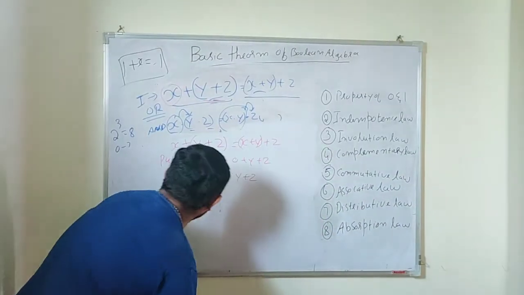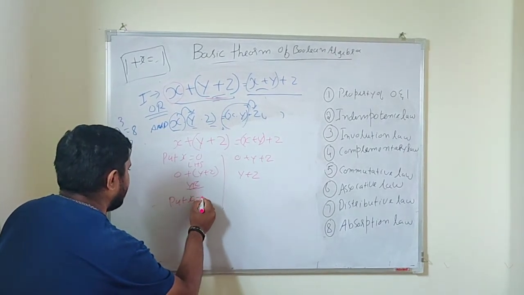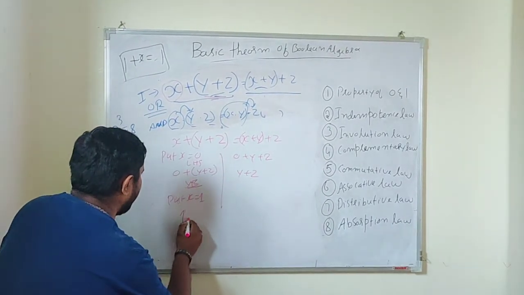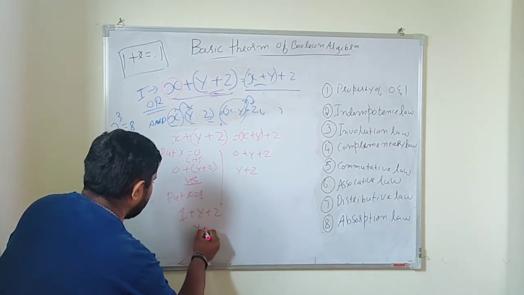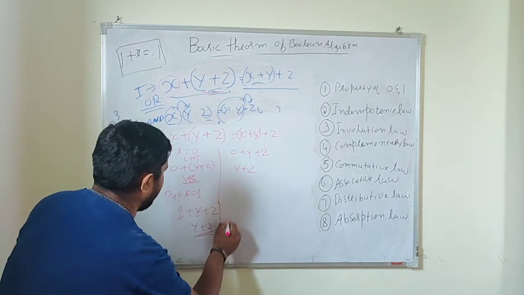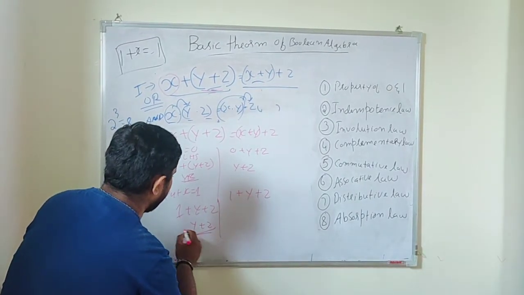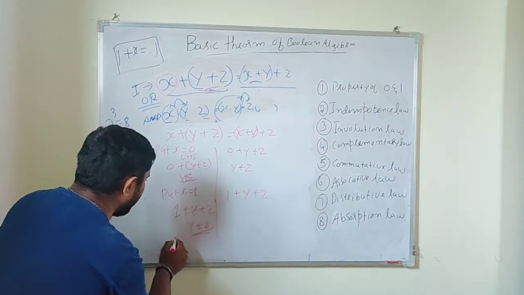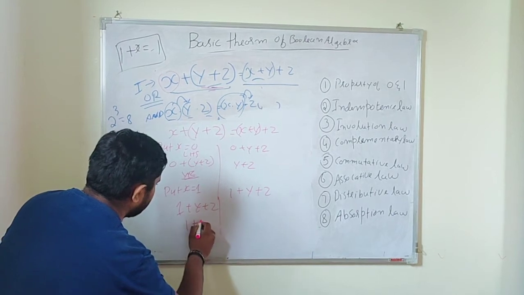Now when I use the x value, put x is equal to 1. So 1 plus y plus z. So y plus z. Again 1 plus y plus z. So 1 plus y is always equal to 1, plus z.